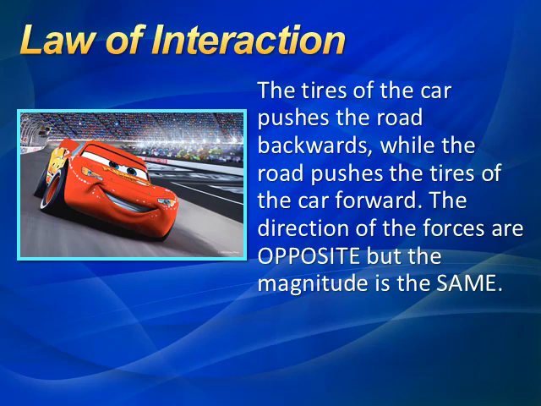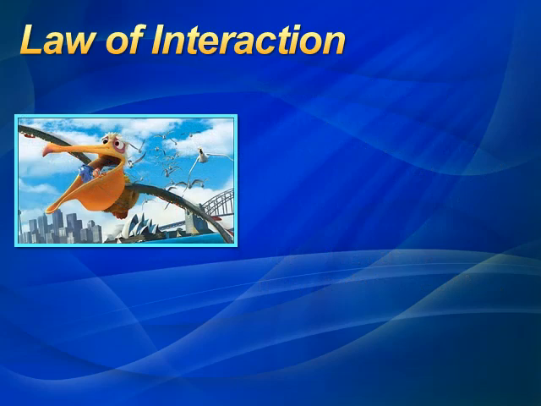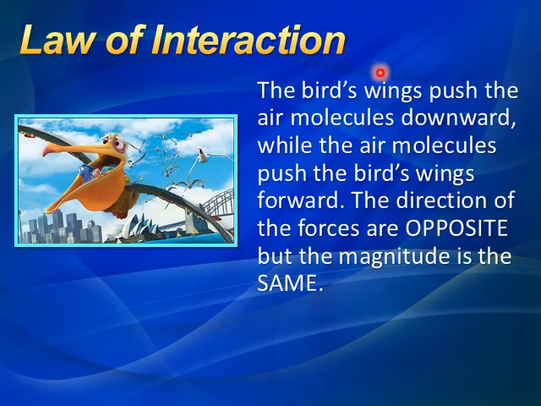Okay, ba't natin kailangan gawin yun? Kasi as we push the floor backwards, yung floor naman, pinupush tayo forwards with the same amount of force. Pero, again, opposite lang yung ating directions. Okay, final example. So the bird's wings push the air molecules downward, while the air molecules push the bird's wings forward. So the direction of the forces are opposite, but the magnitude is the same.